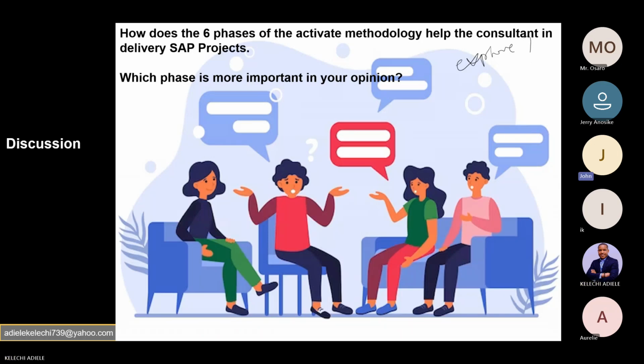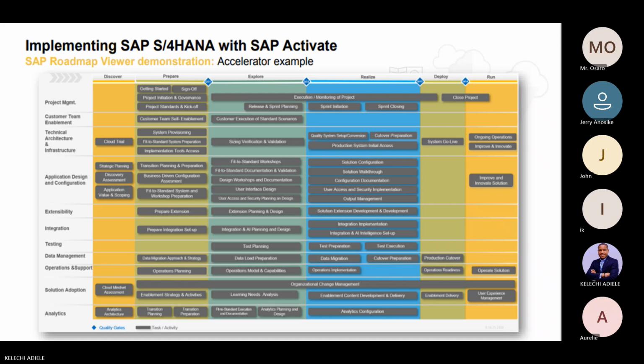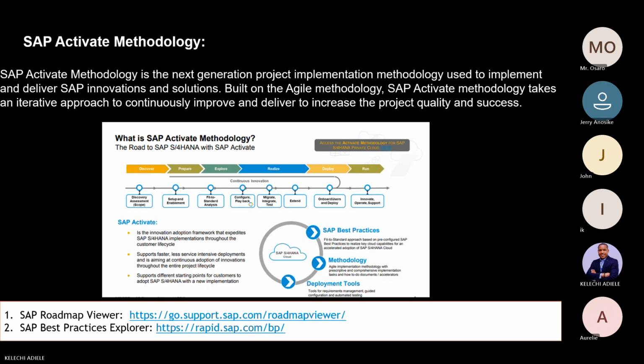Yeah. So, from what we have seen so far from all the slides that have been presented, all these 6 steps really give the project manager or the BA a detailed step-by-step guide on what they have to do.